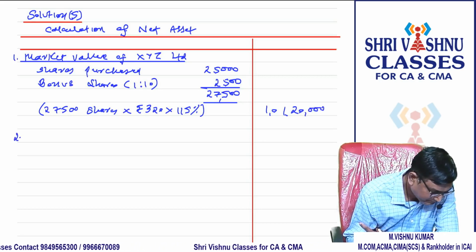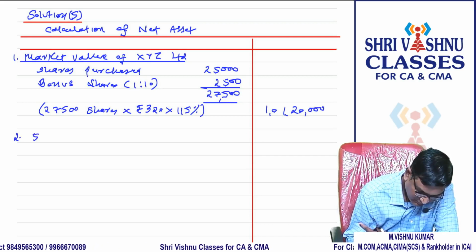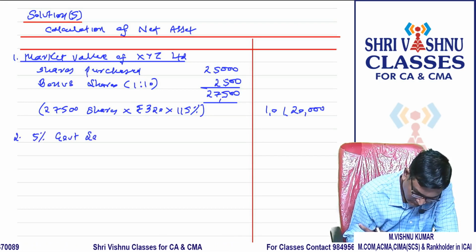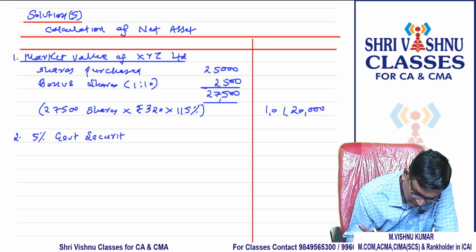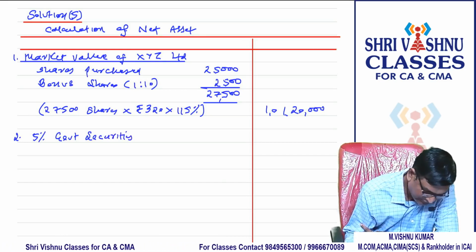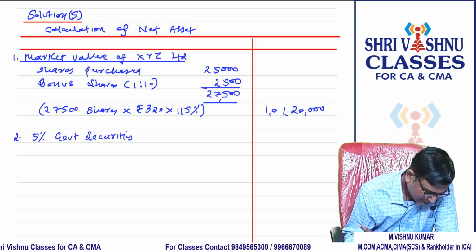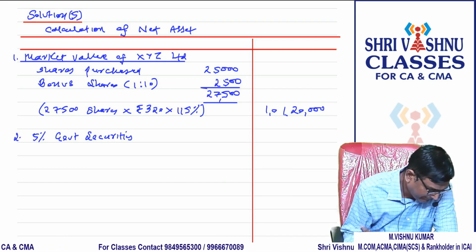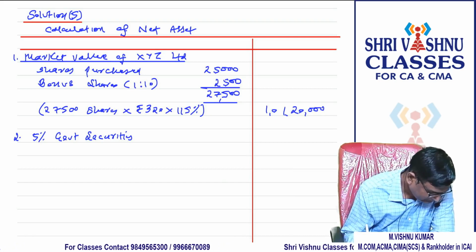Second, 5% government securities, 4 lakhs.